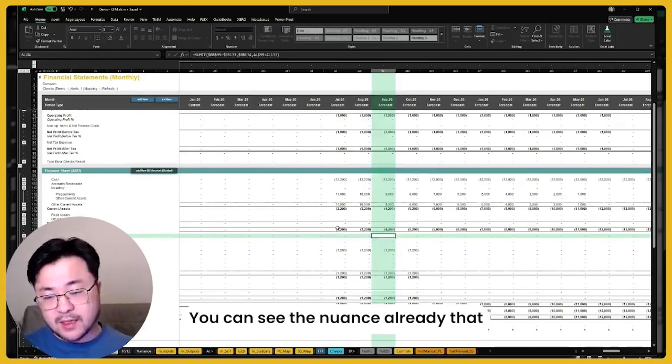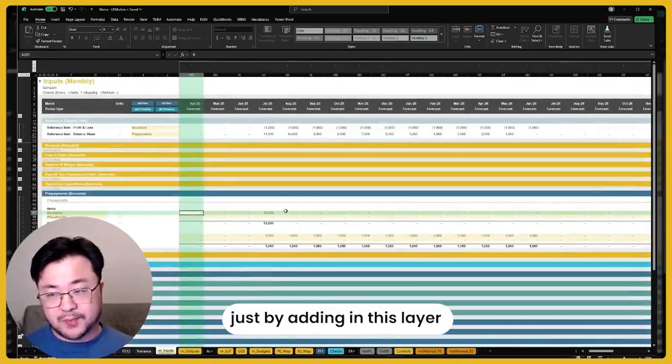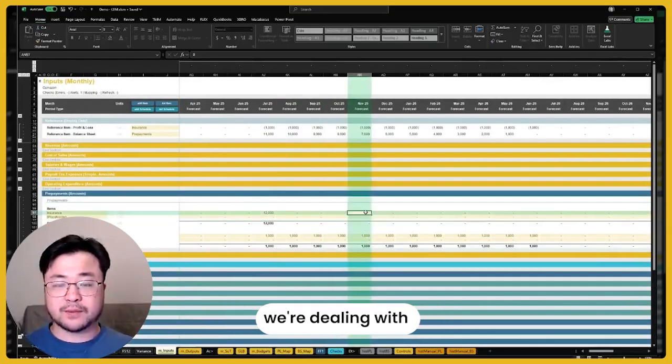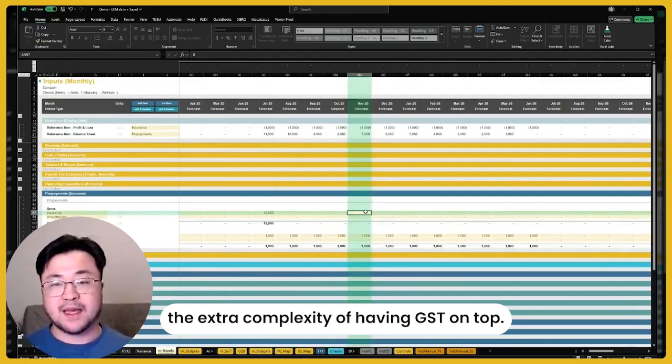You can see the nuance already that just by adding in this layer, we're dealing with the extra complexity of having GST on top.